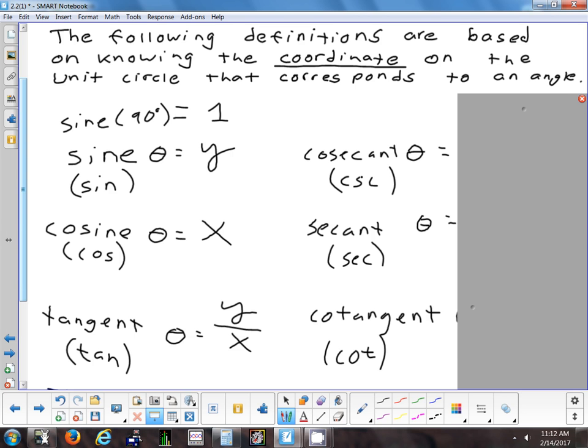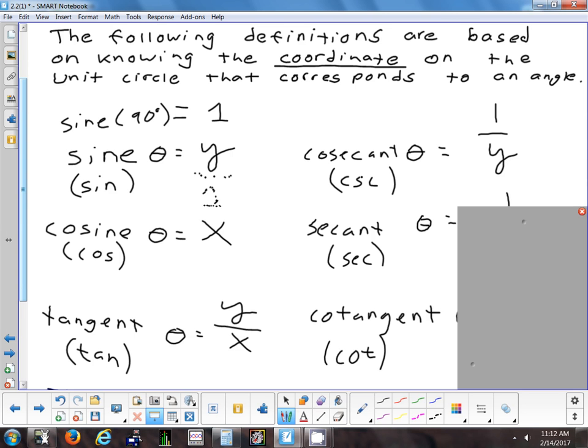Now here we don't really have a fraction, but you can pretend there's kind of an invisible 1 underneath it. So knowing that cosecant is the reciprocal of sine, what do you think cosecant is? Yeah, 1 over y.